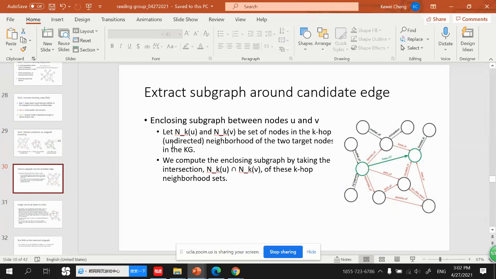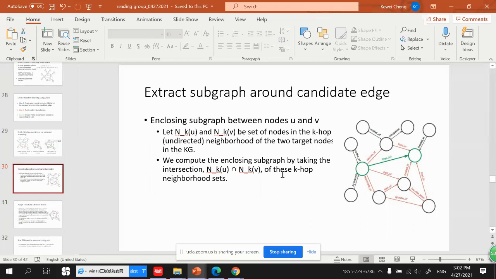So given the target nodes U and V, in order to extract the subgraph around them, the idea is that we will let the NKU and the NKV be the set of nodes in the K-hop neighbor of the two target nodes.